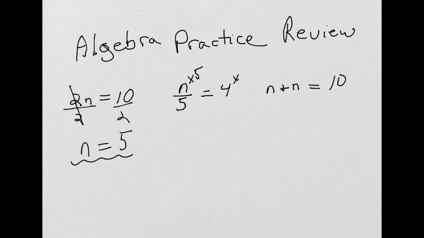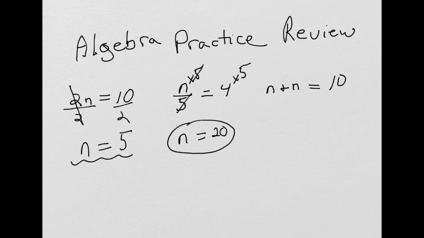And whatever I do to one side, I have to do to the other. And then n times 5 divided by 5 is 1, so this is 1n, which is equal to 4 times 5 is 20. And I've often said it's good to learn to just circle your final answer just to make it easier when things get a little bit confusing.